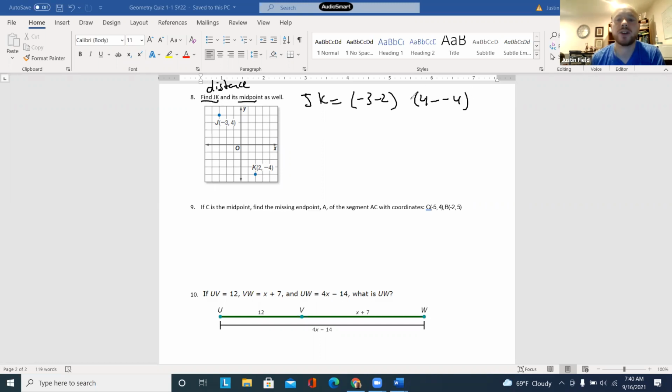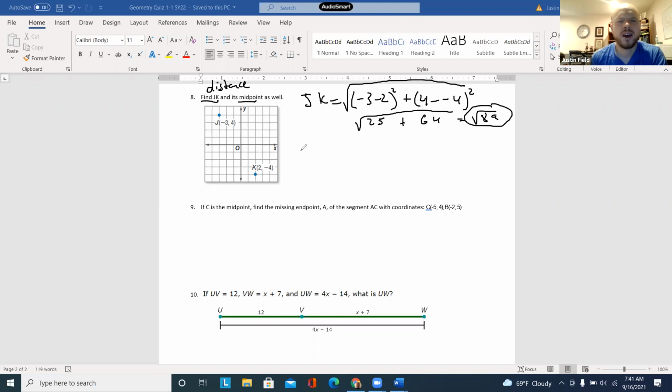The nice thing about the distance formula is if you accidentally mix up the x's, like you put the negative 3 and then 2 in opposite places, because we're squaring it, you won't have an error in your answer. So this would be negative 5, but squared, and it's 25. This would be 8 squared is 64. And so that's going to be 89. So it's the square root of 89. And that was good enough.